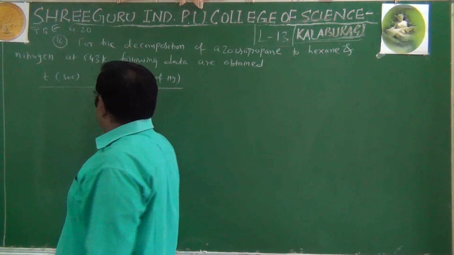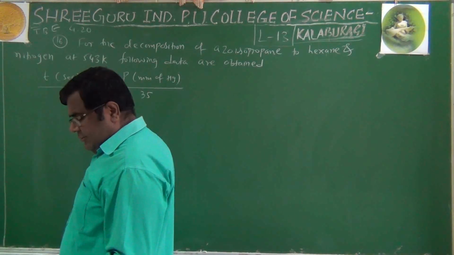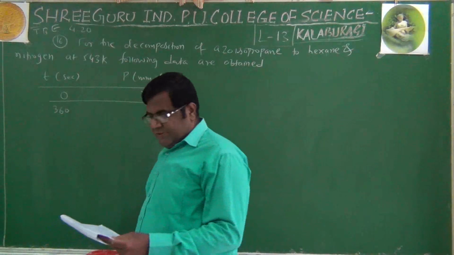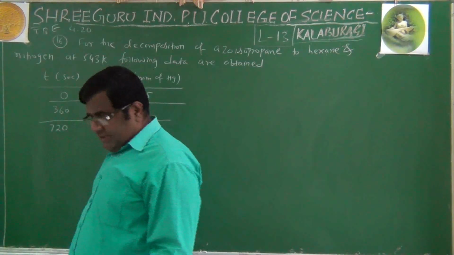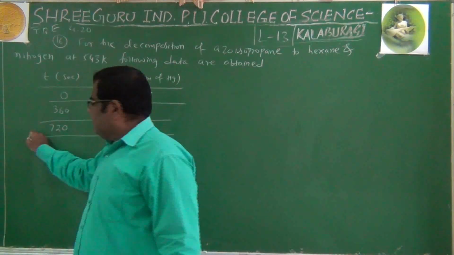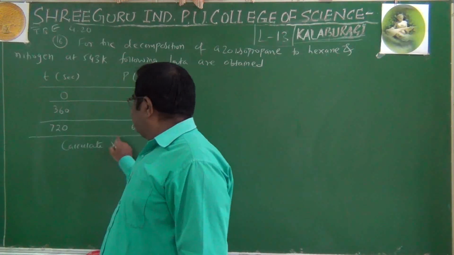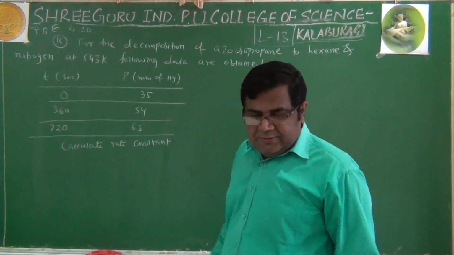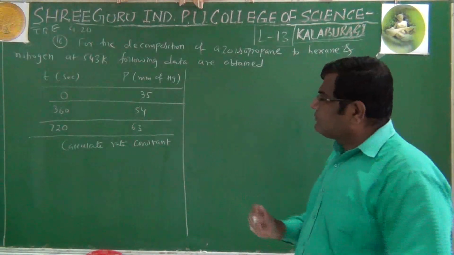At 0 seconds it is 35. At 360 seconds, one more observation, it is 54. And at 720 seconds it is 63. Calculate the rate constant. So this is the question before us.